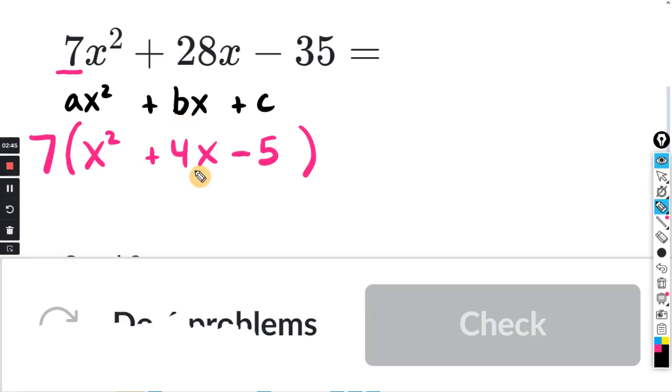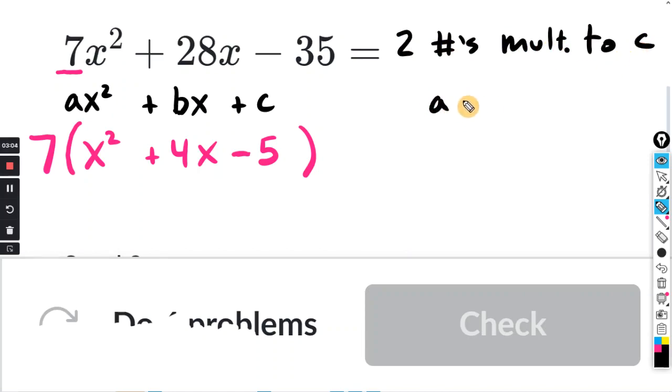But what you do when there's no coefficient in front of the x squared, you want to write out the factors of c. All right, you basically want to find two numbers that multiply to c and add to b.